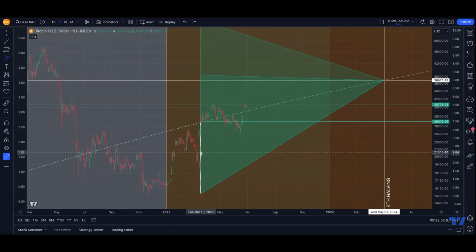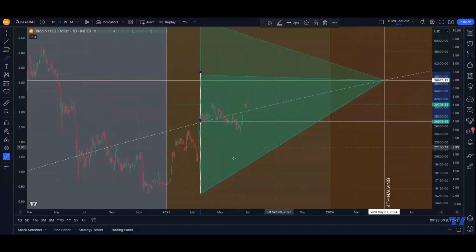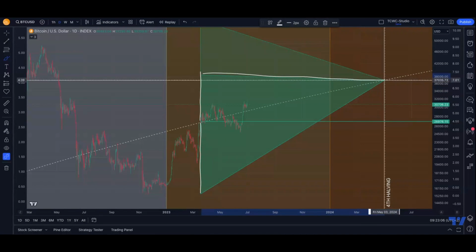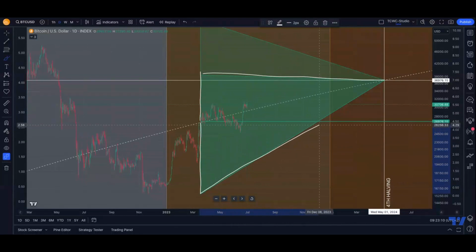And then we're going to draw a line of equal price distance in the opposite direction to the upside. All right. And then we're going to connect both of those lines to the future halving price and date. And that is your lower cumulus triangle.